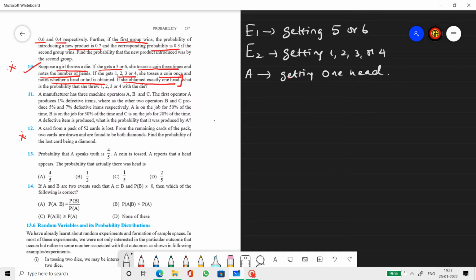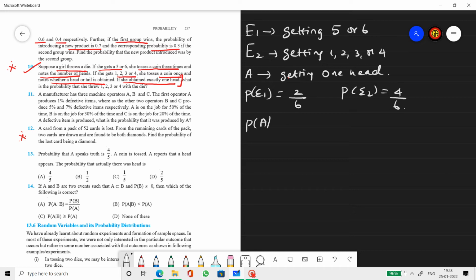So P of E1: a die contains 6 faces in which 2 faces are 5 and 6, so the probability of getting 5 or 6 is 2 out of 6. And E2, getting 1, 2, 3, 4 is 4 out of 6. Now in case she gets 5 or 6, she is going to toss a coin 3 times. So the total number of events would be 8.